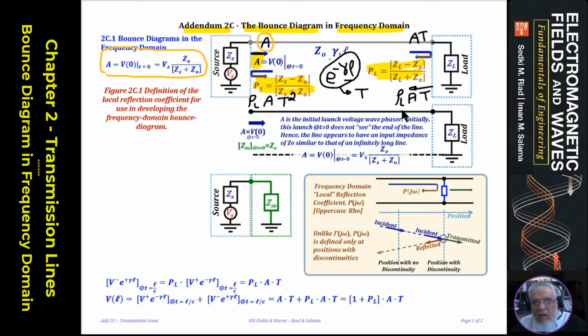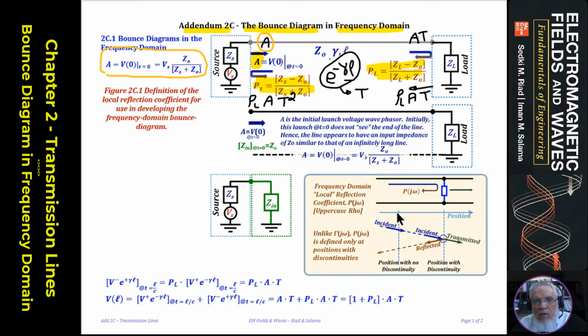And rho sub L is the physical reflection at the discontinuity. Gamma, the one that we used before, was a mathematical expression, the ratio between V minus and V plus, and it does not represent an instantaneous or a local reflection at this location. Rho sub L, however, represents the actual reflection here. At this location, rho sub L is simply the mismatch between ZL and Z naught. That's why we use uppercase rho.